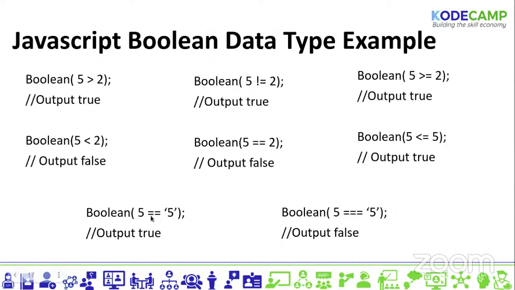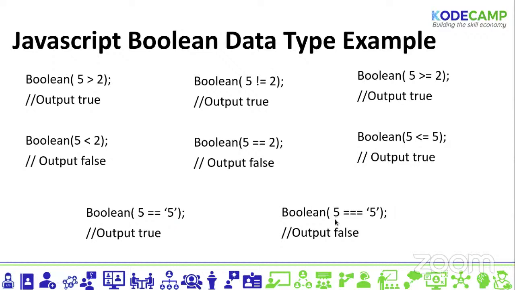So what happens here is that the two are converted to the same data type, either this 5 is converted to a string or to a number, and then their values are compared. If the values are the same, this will appear true.